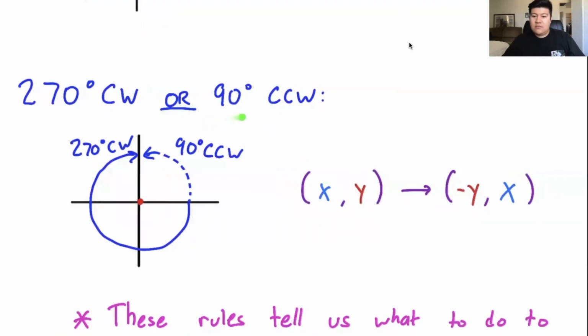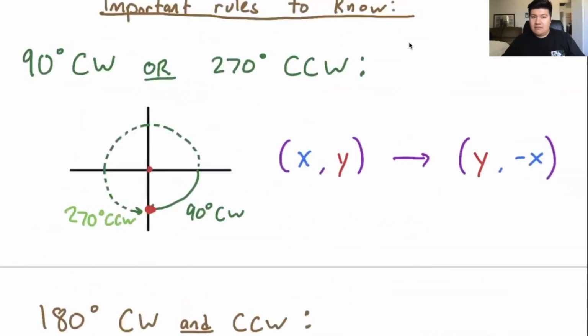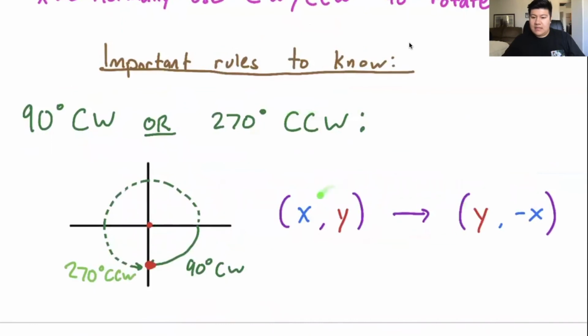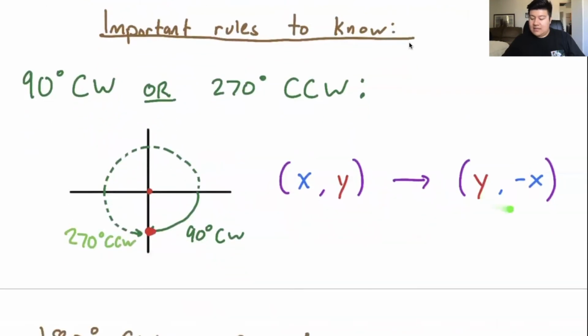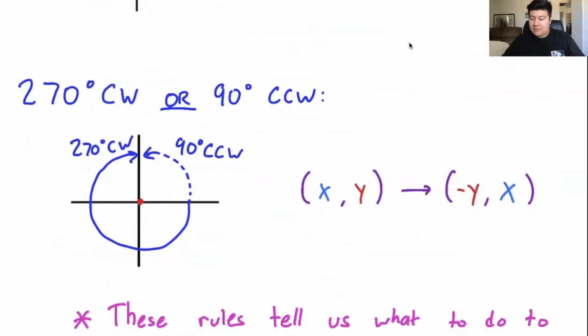This should be easy to remember as these, because all we're doing is, as you can see here, we flipped the points. Same right here, we're flipping the points, but this time we're changing the sign of the Y. Okay, so the Y, we change the sign, X, keep it the same.